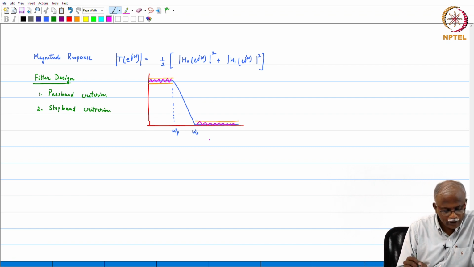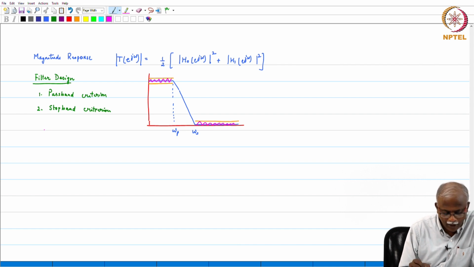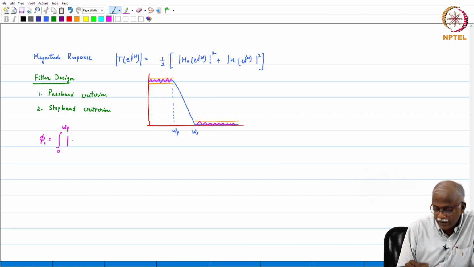Okay, so the way we would design it is we would first of all compute the passband error criterion. Let's call that phi 1. This is the integral between 0 and omega p of the deviation of the filter's response from the desired response.